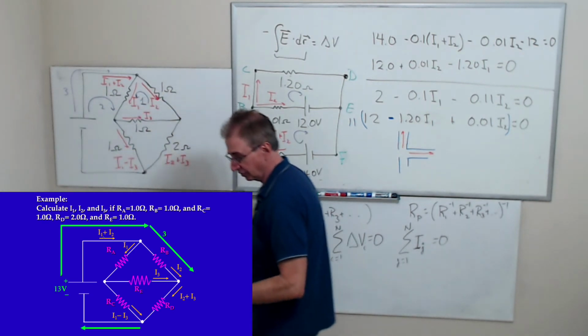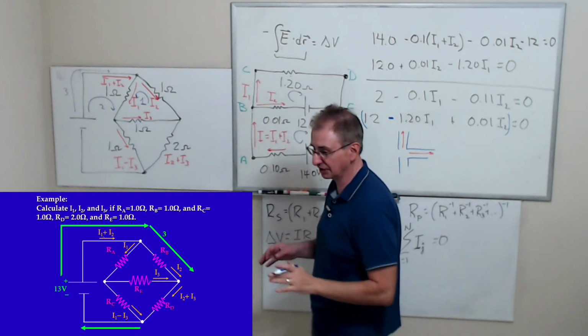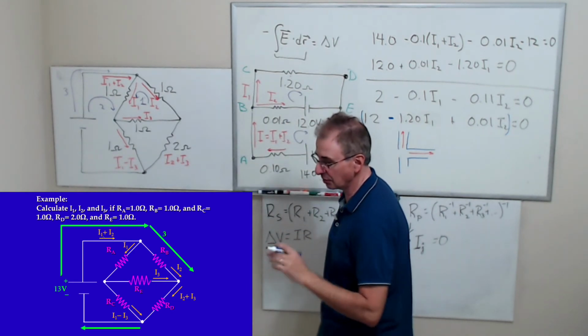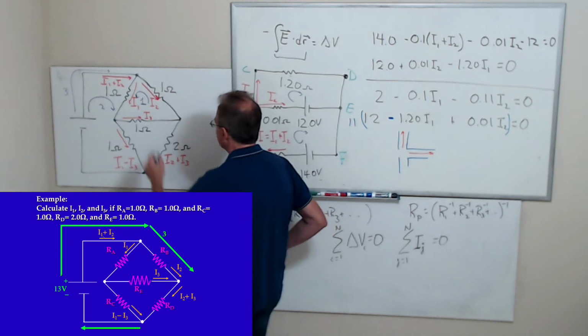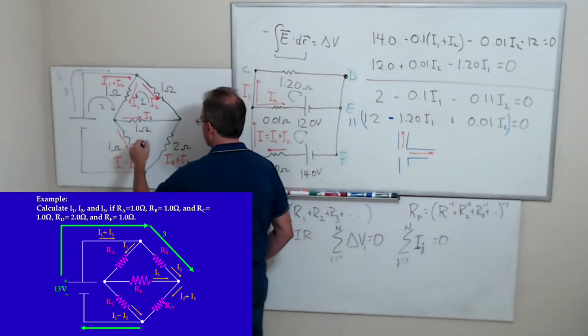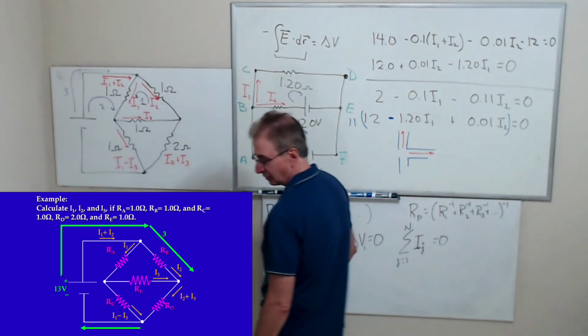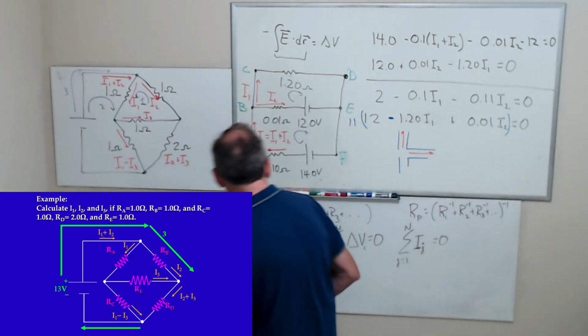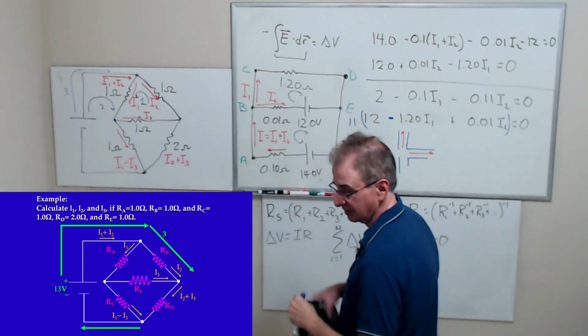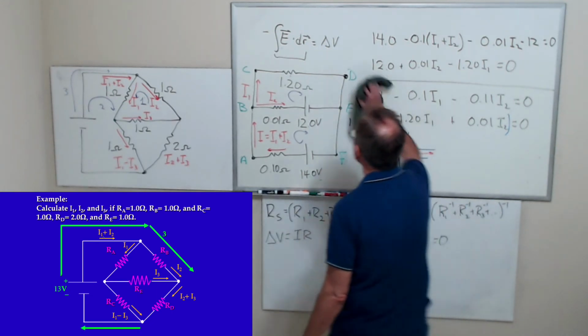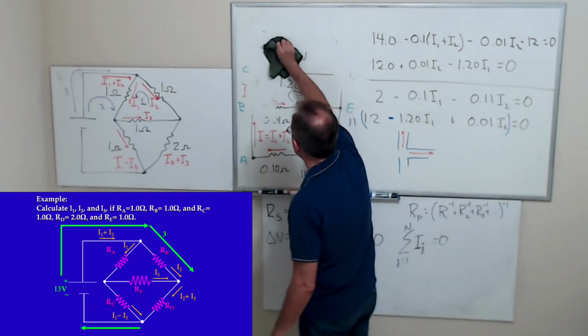So here you could make a bad mistake in choosing loops, okay? Suppose I chose this loop, and the diamond. What's the problem with that? You don't use the battery.